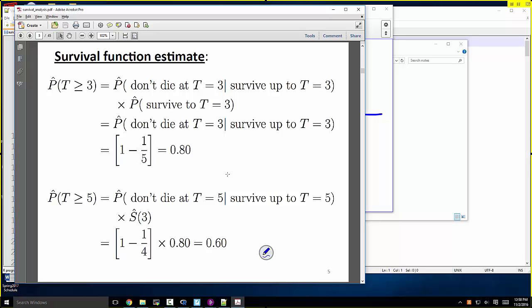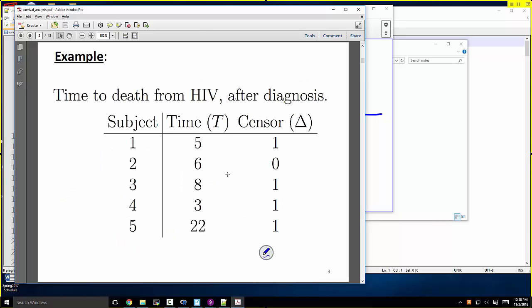At time 5, we started with 5 individuals, but this individual is gone. No longer part of the study, not at risk, because they're already dead. So at time 5, there are 4 individuals at risk. And we observed one of them to die.